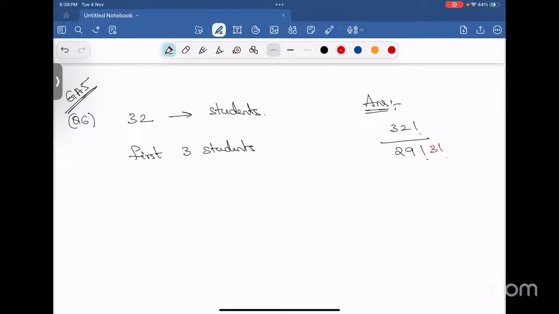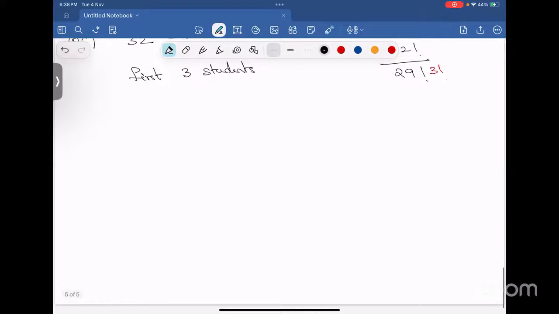Let's not take 32 students. Let's simplify this, for example. I have only 5 students, so I'm conducting a very small competition. Let me label them: A1, A2, A3, A4, A5.